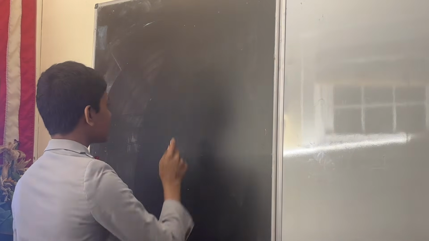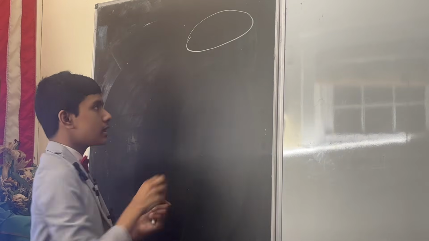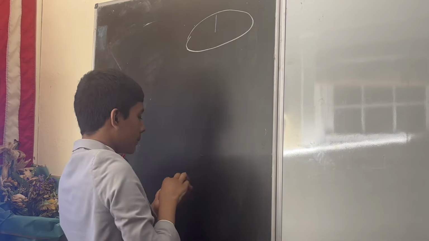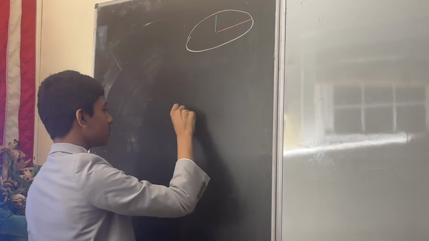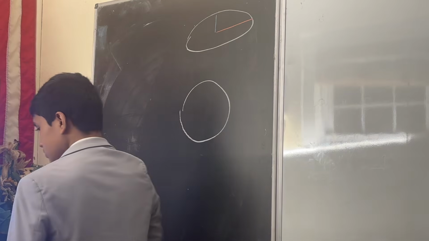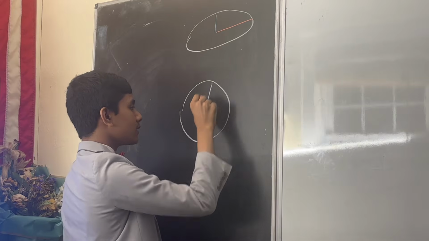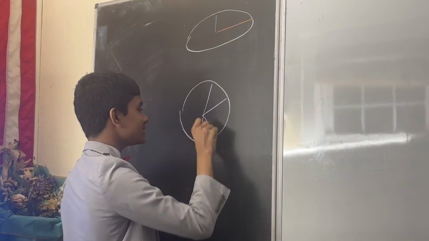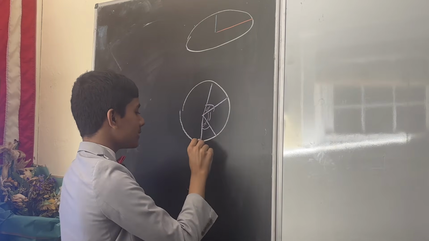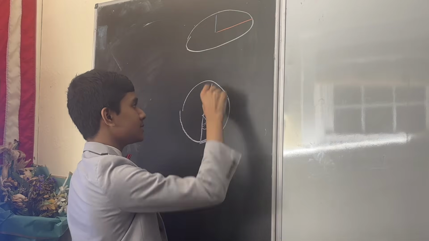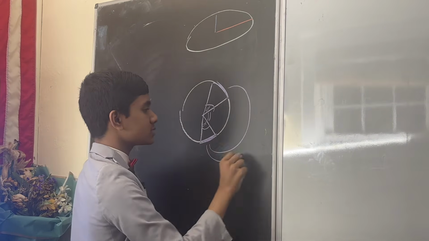Not only do you now have to ask about both a semi-minor and semi-major axis, but back when we were dealing with circles, if this sector and this sector had the same exact angle, then that meant the arcs they subtended had the same circumference.